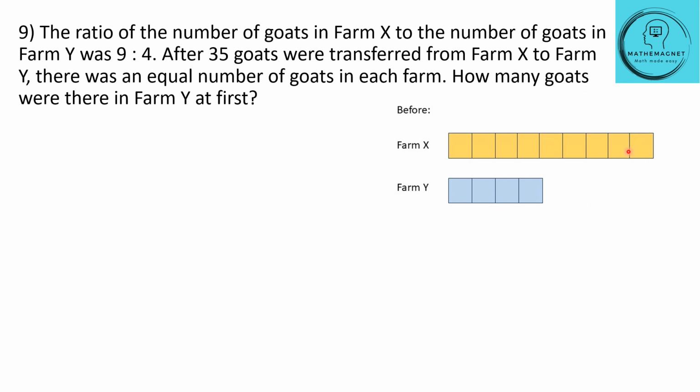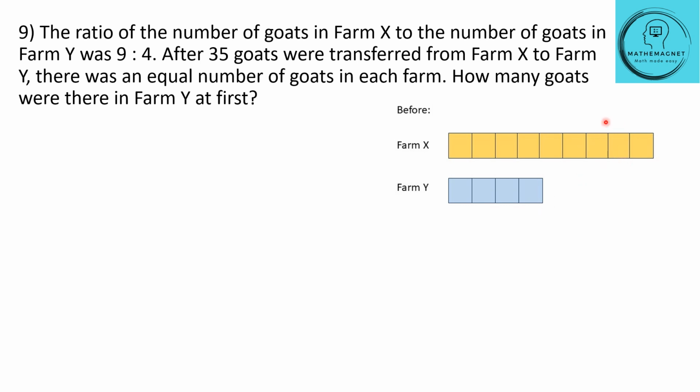Now in this 5 units, some amount of goats, which is 35 goats, are moved to farm Y, and after doing that the number of goats in farm X and farm Y becomes equal. So technically half of this 5 units is moved to farm Y, so half of these 5 units is 35, correct?